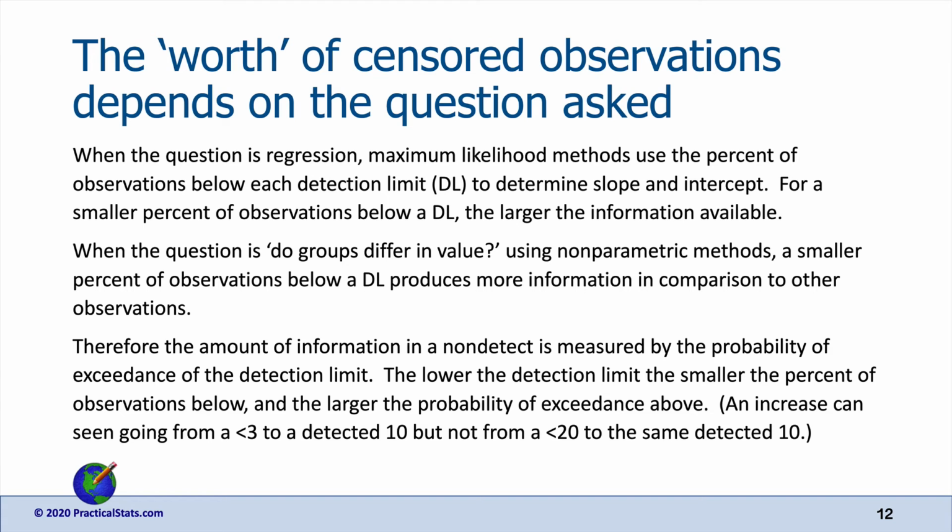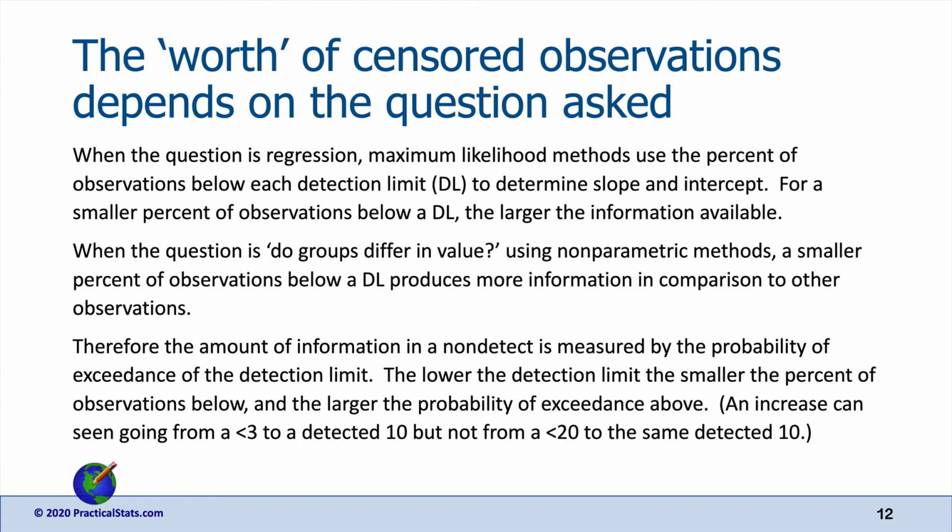So for a smaller percent of observations below a detection limit, in other words, if the detection limit is down low, like at the 5th or the 10th percentile, you have more information, because you can see that those non-detects are less than 95 or 90% of the data in the data set. And so that comparative information is important, and it's used in maximum likelihood methods.